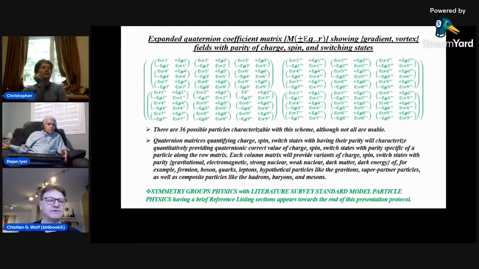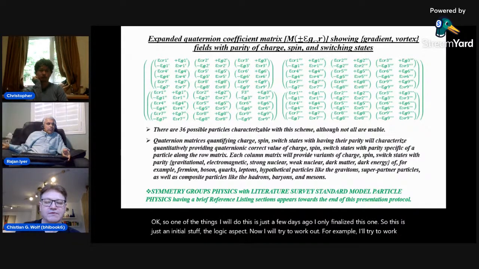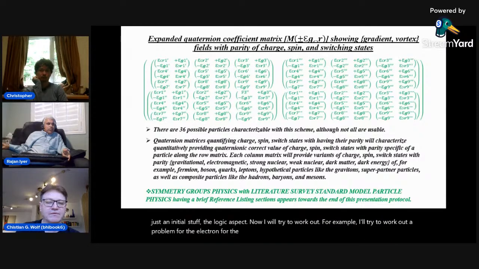Okay. So one of the things I will do, once I finalize this one, so this is just initial stuff, the logic aspect. Now I will try to work out, for example, a problem for the electron and the positron, and how this matrix, the numbers, will come up. Thank you, Christian, for pointing that out.